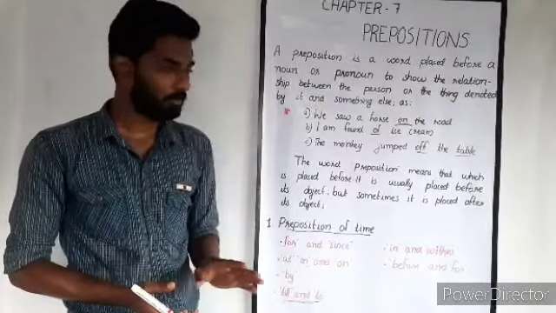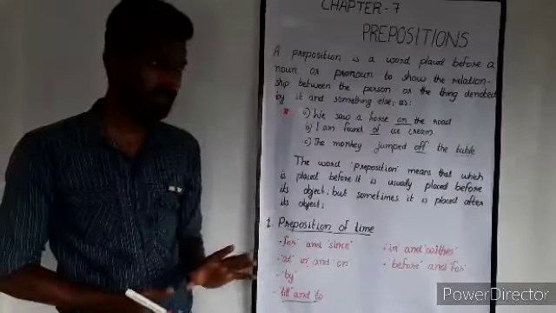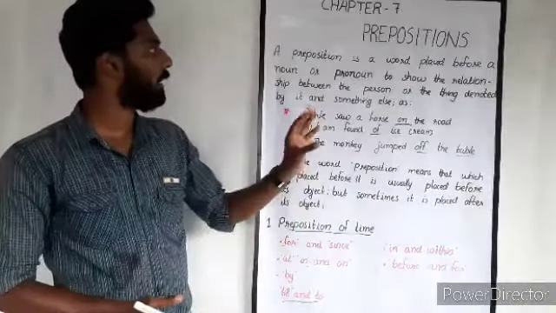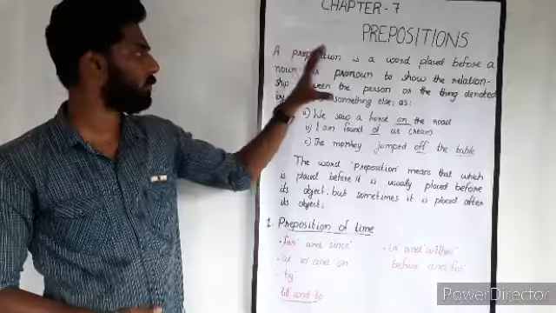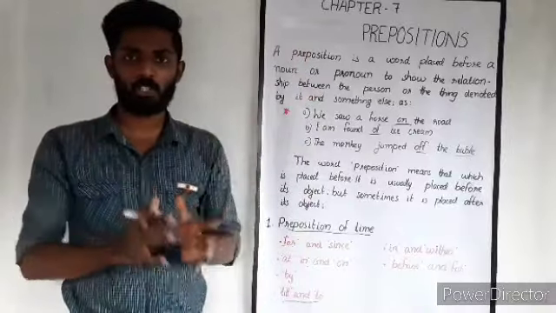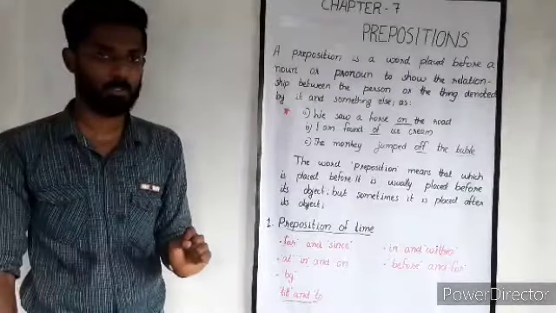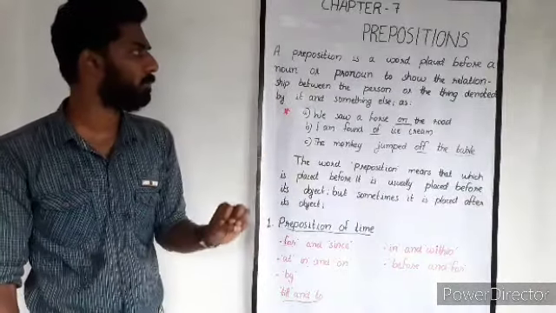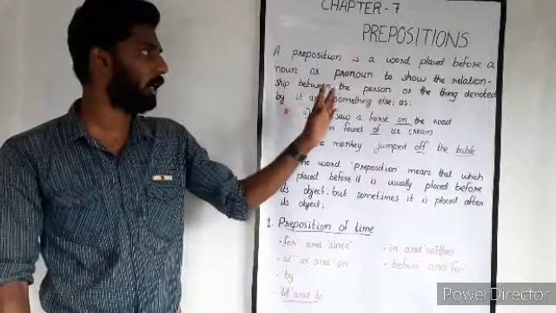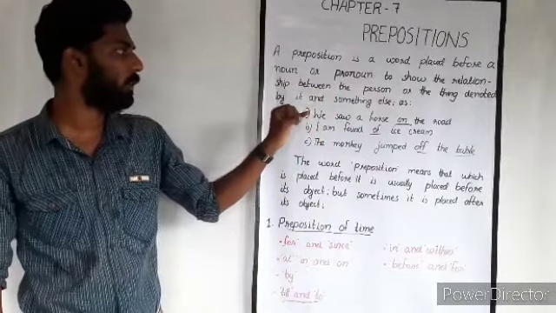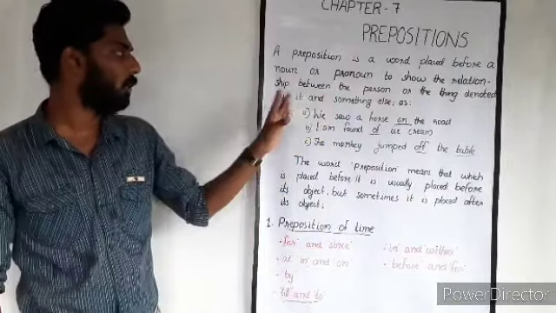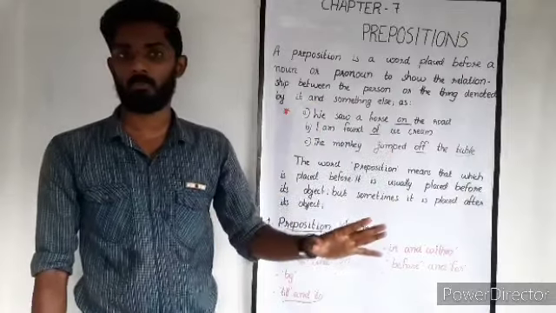So that's all about it. And let's recall some of the things which we have studied today, a short summary of it. In the beginning we studied the definition of preposition. A preposition is a word placed before a noun or pronoun to show the relationship between the person or thing denoted by it and something else.